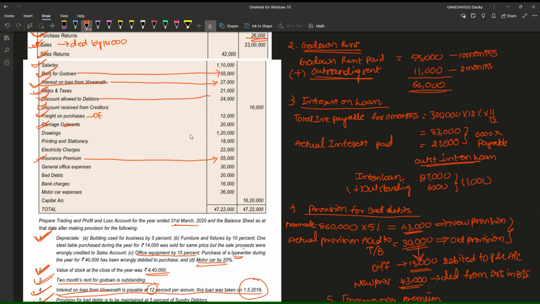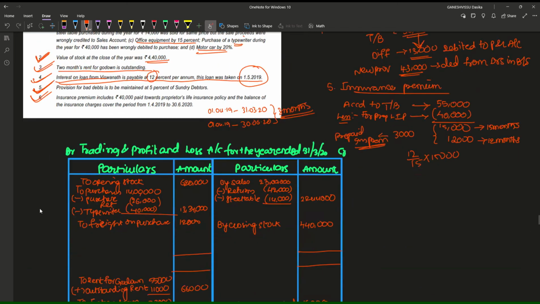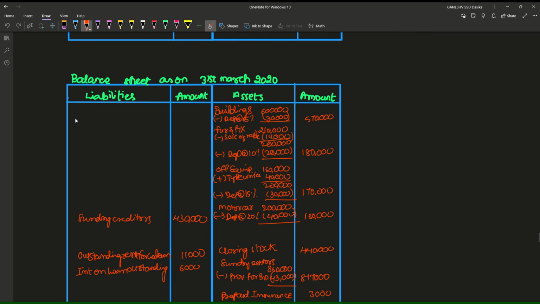Drawings, we need to deduct from the capital. Let us have the capital balance. First of all, the capital account was 16 lakhs 20,000. So let us write capital first of all. Capital 16 lakhs 20,000 and minus drawings 1 lakh 20,000.